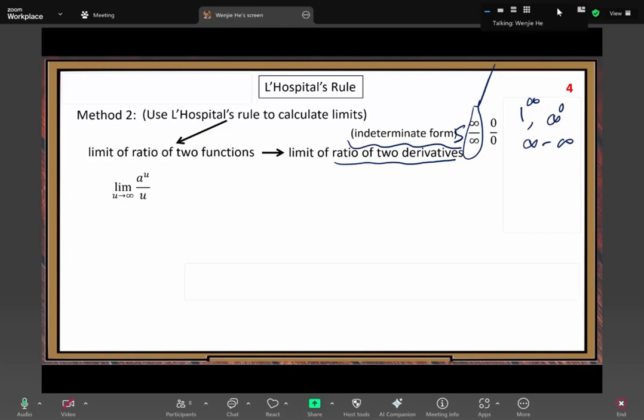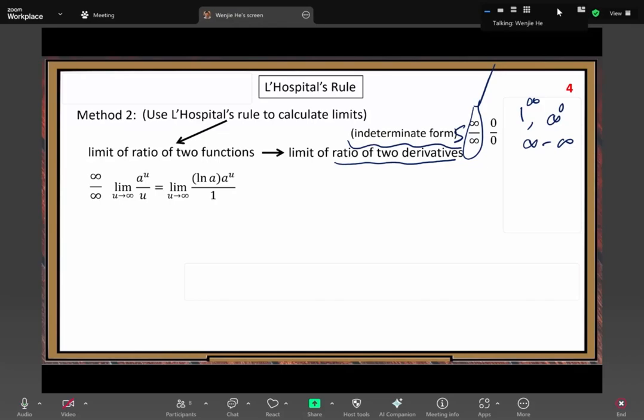When we apply L'Hopital's rule, we take the derivative of the numerator and the derivative of the denominator. Derivative of the denominator, that's 1. Derivative of u is 1, right? And for the derivative of the exponential function, we have the formula: natural log of a times the original exponential function.